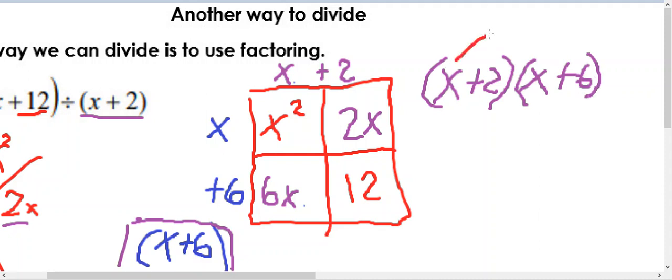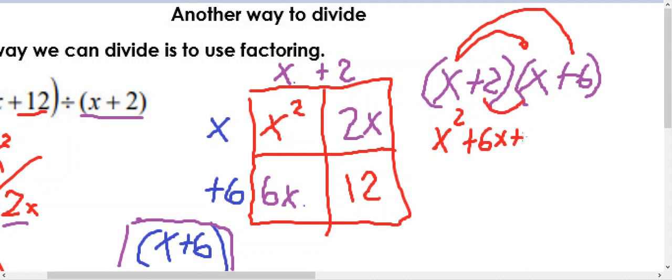So remember, FOIL. First times first would be x squared. Outside terms, x times 6 would be 6x. Inside, 2 times x is 2x. And then last, 2 times 6 is 12. And then we can combine our like terms.